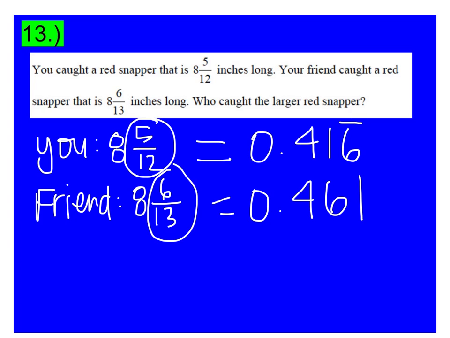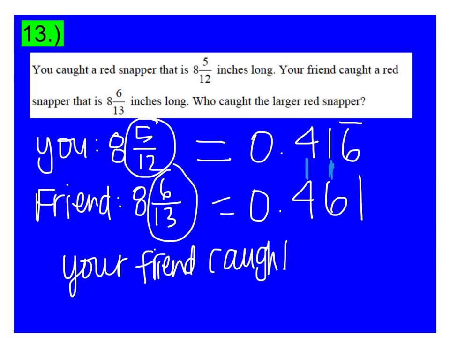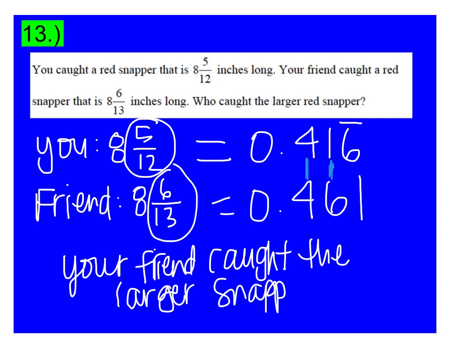So when I compare, the 4's are equal, so that doesn't tell me which one's bigger. But when I compare the 1 and the 6, the 6 is definitely bigger. So I need to make sure that I include for my final answer that my friend caught the larger snapper. So that's my answer in a complete sentence.